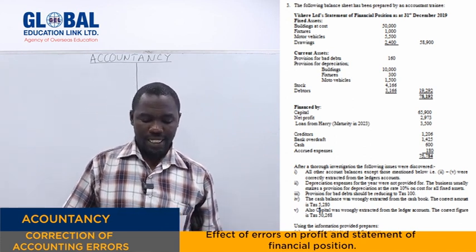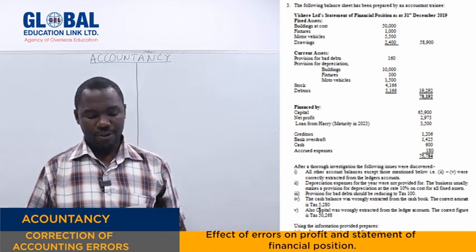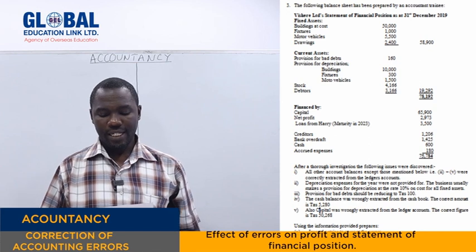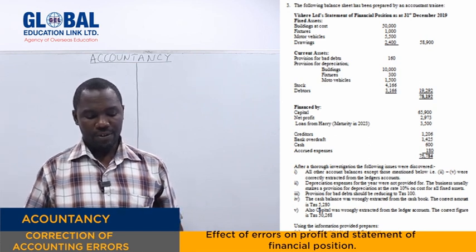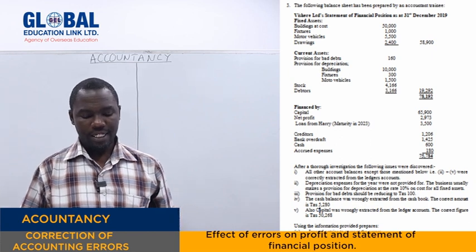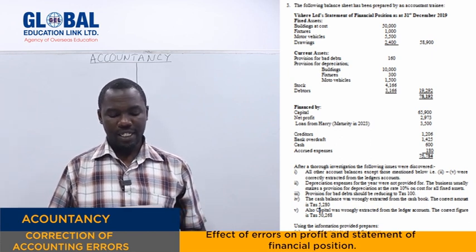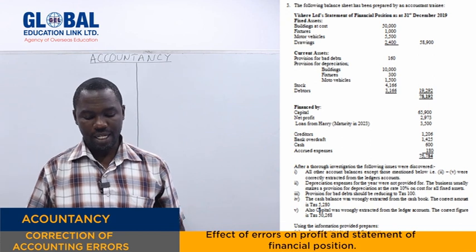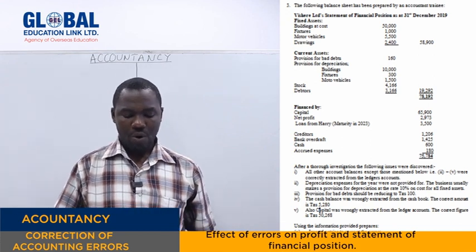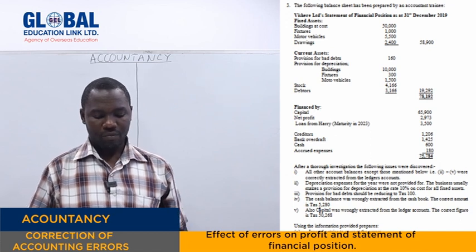Current assets: provision for bad debts, 160. Provision for depreciation on buildings, 10,000. Provision for depreciation on fixtures, 300. And provision for depreciation on motor vehicle, 1,500.